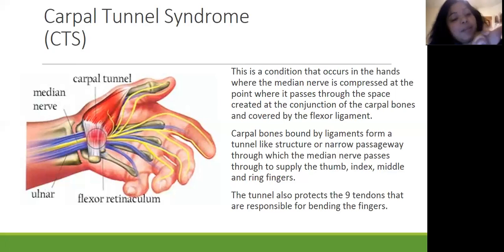Now, the ligament itself doesn't have a lot of other cushioning apart from the slight amount of fat on the sides of your palms. The cushioning is very less. So the more you use it, the more pressure is exerted on the ligament itself, and it's very easy for it to affect the nerves and the tendons.